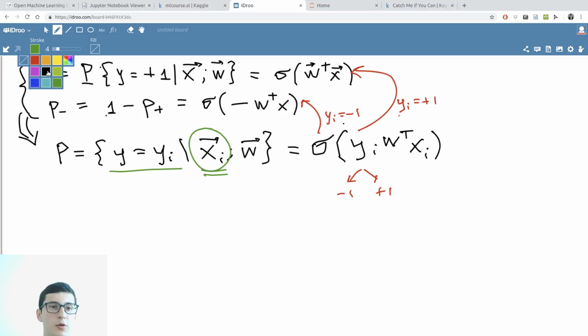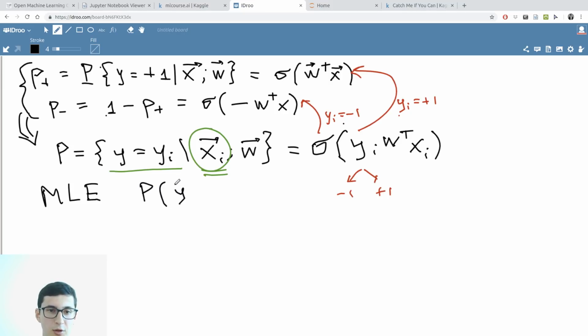So in this case, an application of maximal likelihood estimation, MLE, will be to maximize the probability that we observe the vector y of labels, given that we observe the matrix X of instances and their features. This will be parameterized by W, and we are going to maximize that.